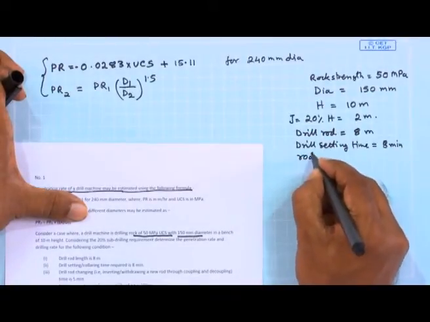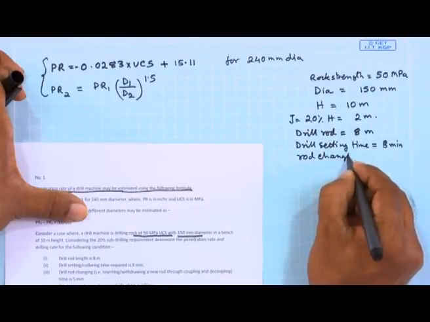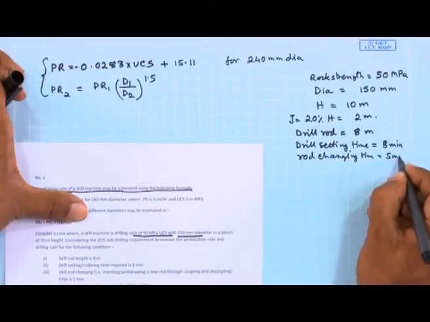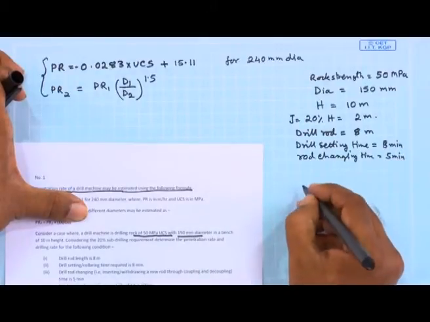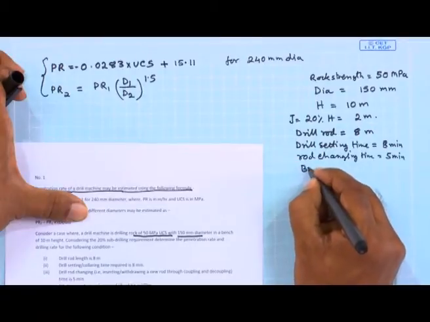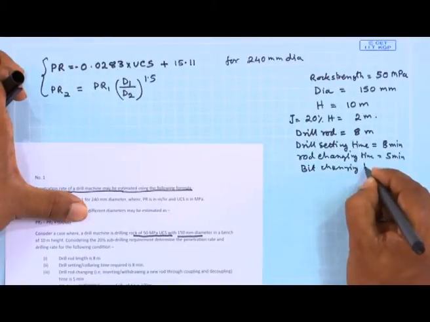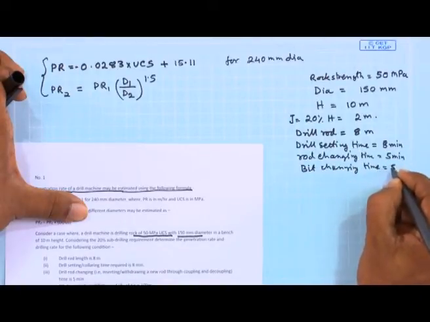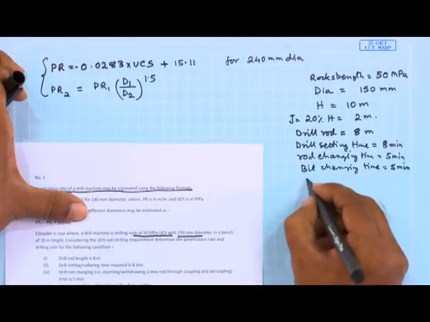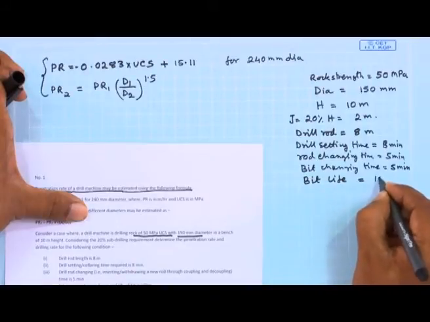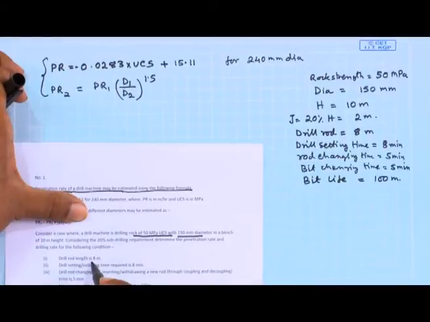Rod changing time is given 5 minute and bit changing time is given 5 minute, whereas bit life is 100 meter. So, this is 8 meter, 8 minute, 5 minute, 5 minute, 100 meter.